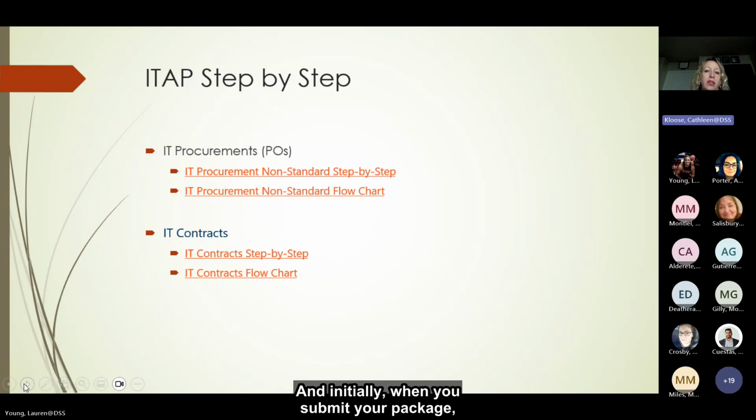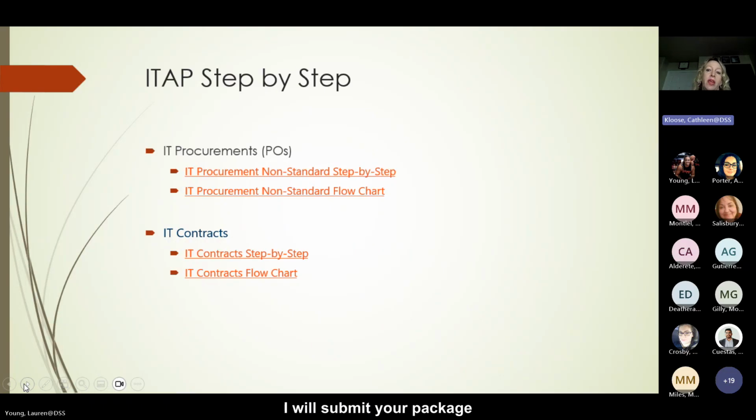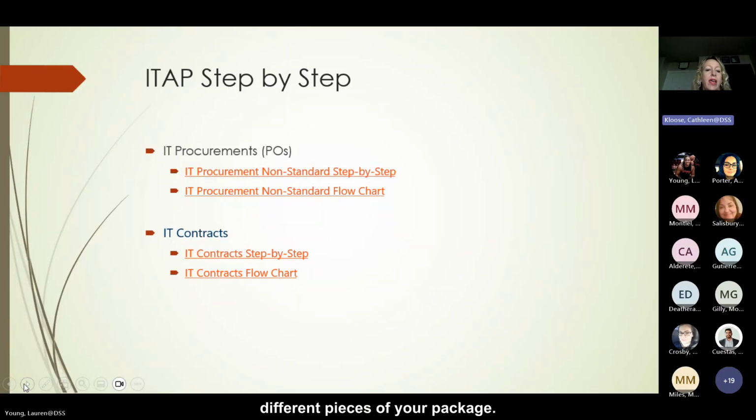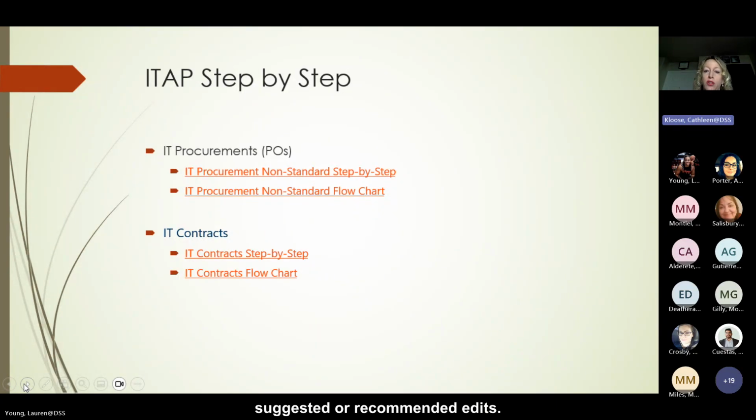Initially, when you submit your package, I will review it to make sure all the components that should be there are there. And then, as Lauren indicated earlier, I will submit your package to her and her team to do a really deep dive into the different pieces of your package. Most of the time, they will come back with feedback as to suggested or recommended edits.